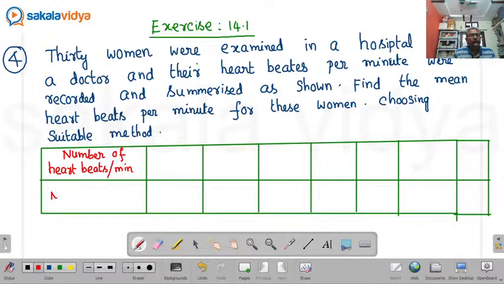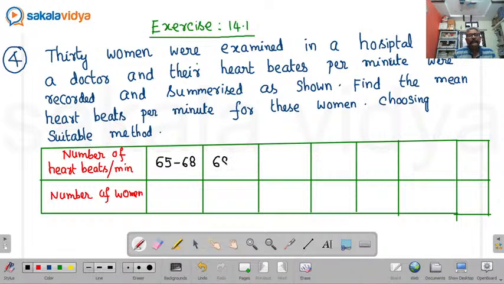Next, number of women. Now this is 65 to 68.